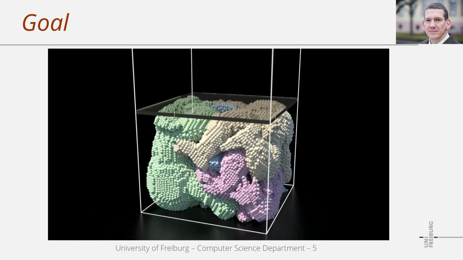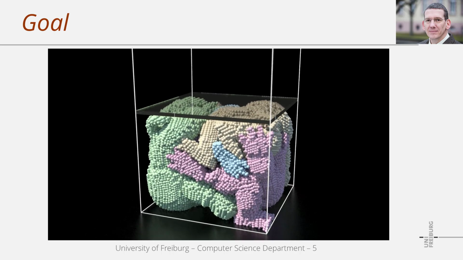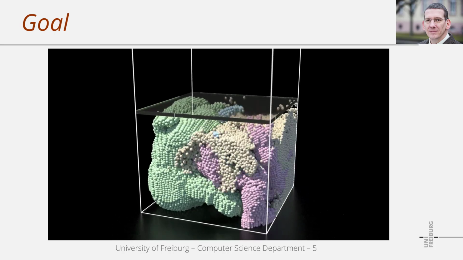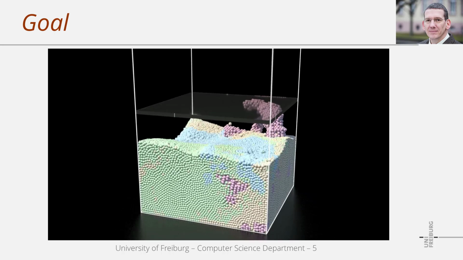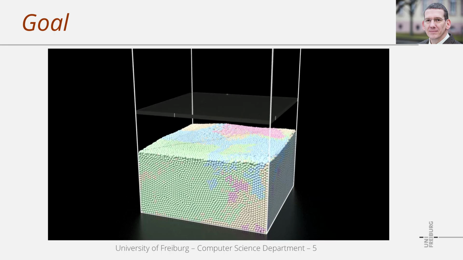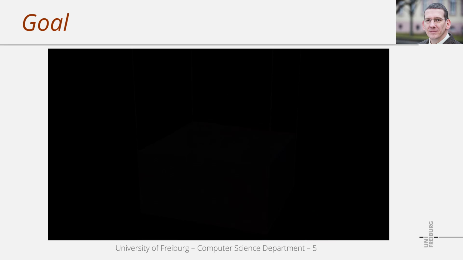Here in this scenario, we either compute forces due to elastic deformations or we compute fluid forces. In both cases, however, we always compute contact forces between the particles and the surrounding container. Later in the course, we will see how to compute elastic forces and how to compute fluid contact forces. Now here in this presentation, we focus on the velocity and position updates that result from the forces.